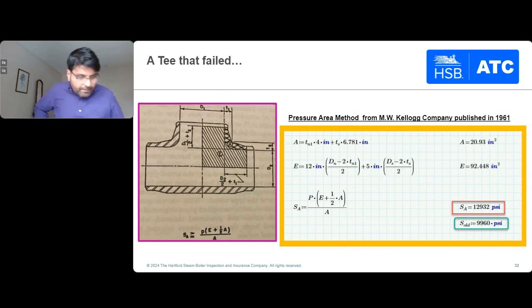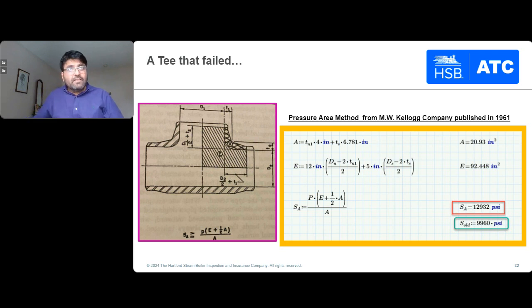But again, Section 1 doesn't require this T to be designed in accordance with Section 1 compensation rules. I mean, I could have picked up B31.1 compensation calculations, but they're essentially similar requirements. So that being said, I know that at least there's one other method that I could look into, which is the pressure area method.